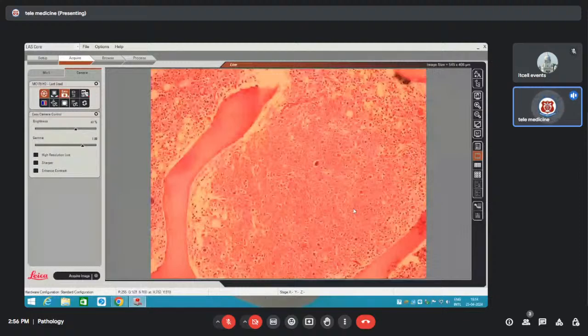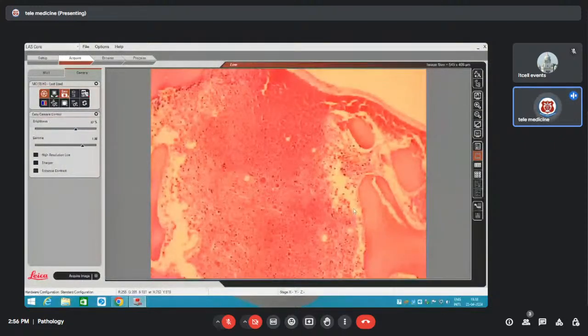Because CD15 is positive in all the myeloid cells, and you are likely to make a mistake. So CD15 is never used in a bone marrow biopsy. However, CD30 is positive in 98% of Hodgkin's lymphoma. So the moment you get a CD30 positive with a Golgi zone accentuation, you are absolutely sure it is lymphoma.